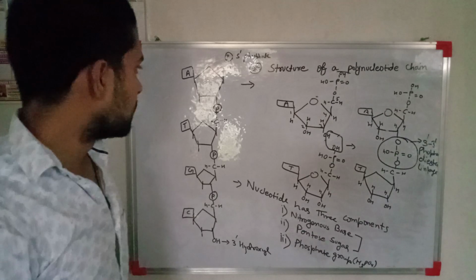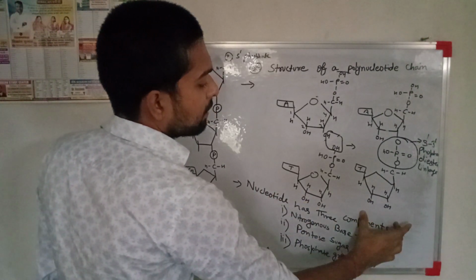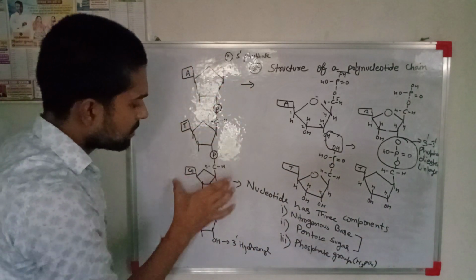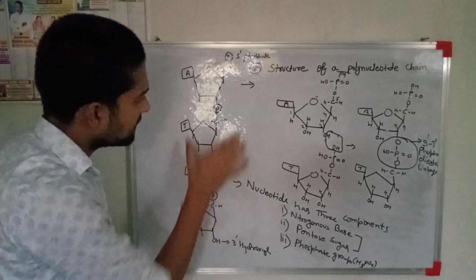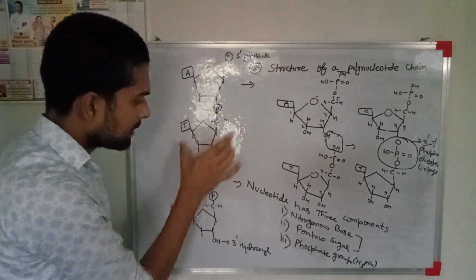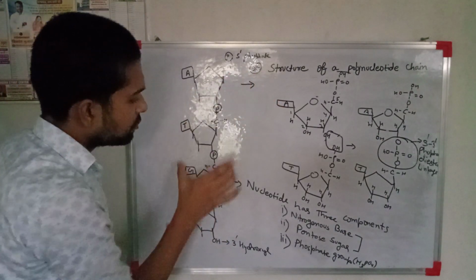And you can see that one more nucleotide will come and attach downside, and it will form a chain-like structure, and that structure is known as a polynucleotide chain.